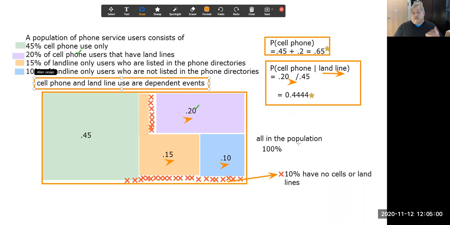Okay, so there you have a third type of probability space, one that we call a set or a Venn diagram type of probability space.